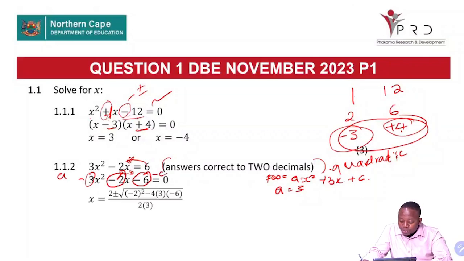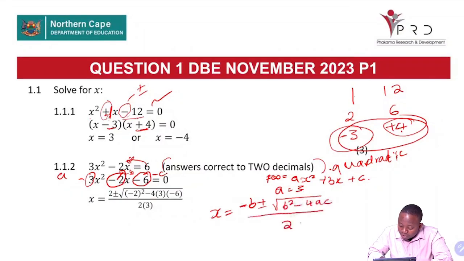So what do I do now? I substitute everything into our quadratic formula. Remember, the quadratic formula is x equals negative b plus or minus the square root of b squared minus 4ac, all over 2a.